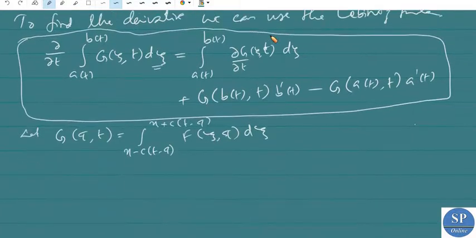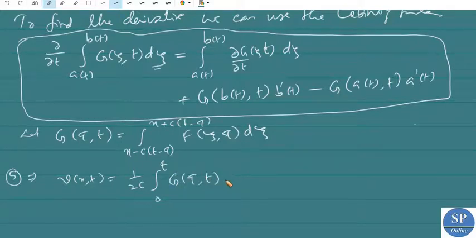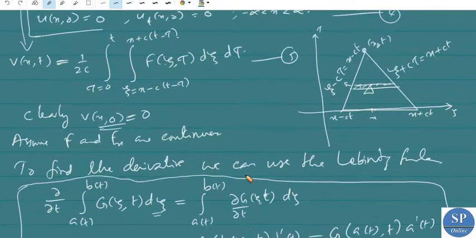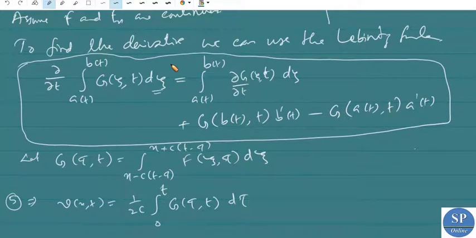Therefore, equation number 5 can be written as v of x, t is equal to 1 by 2c into the integral from 0 to t of g of tau comma t d tau. That is, we replaced the inner integral by g of tau comma t.